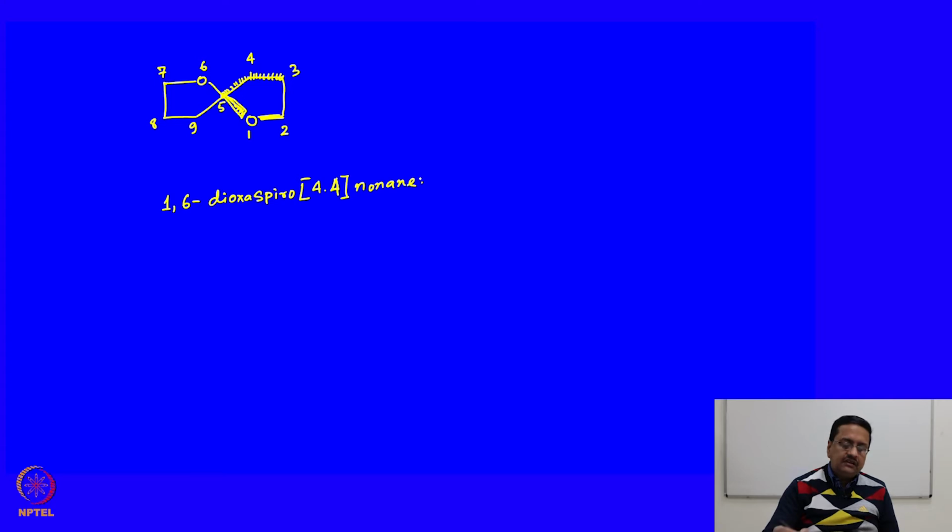Nonane. But you see that this compound is now chiral because of that spiro carbon, and this being a chiral axis, just like a biphenyl system.